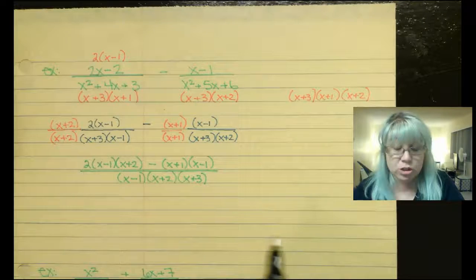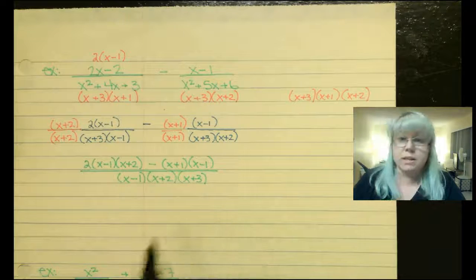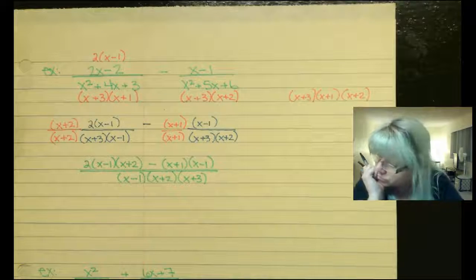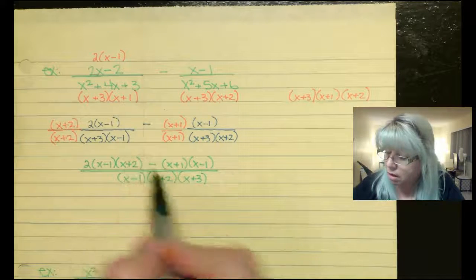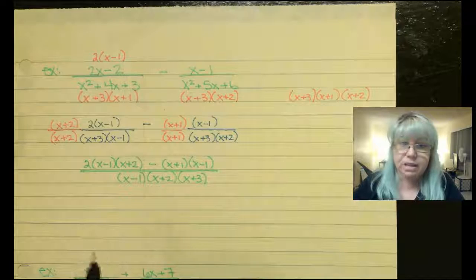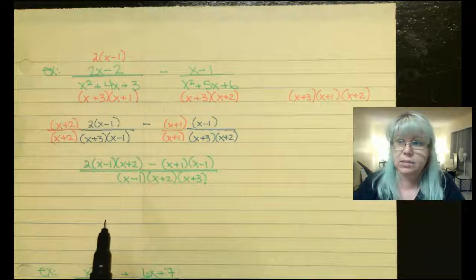It really doesn't matter which order you put it in because it's all multiplication. Now here's what I could do. I could FOIL all of this and then add like terms and then see if it's factorable and then reduce.